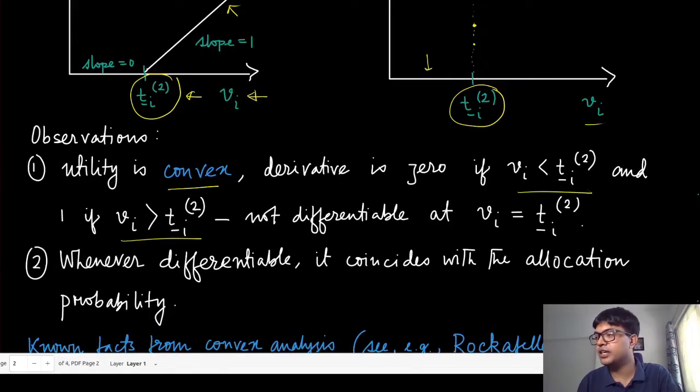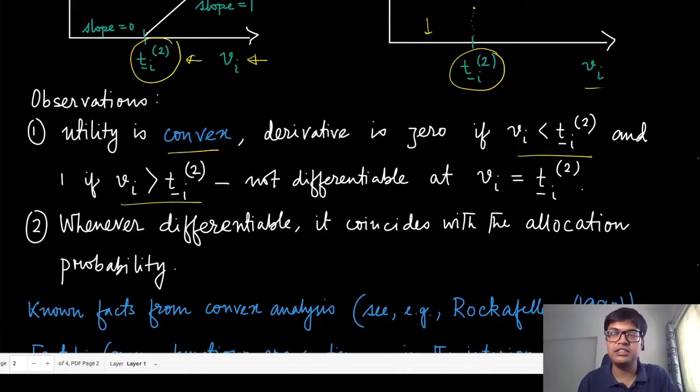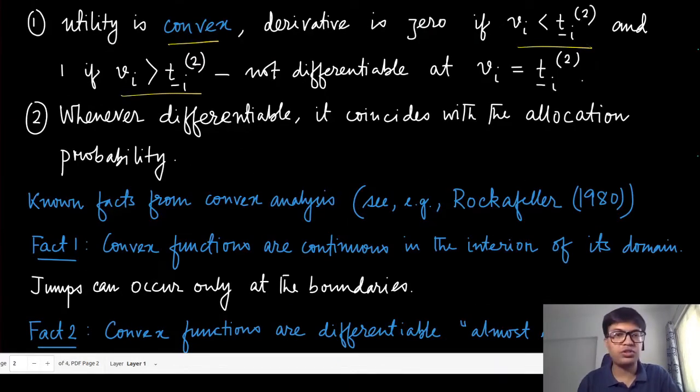In fact, a lot of our understanding of the single object allocation will depend on the properties of convex functions, and therefore in the rest of this module we are going to spend some time to discuss some of these known results from convex analysis. For most of these results we will not provide a proof because they are clearly out of scope of this course.